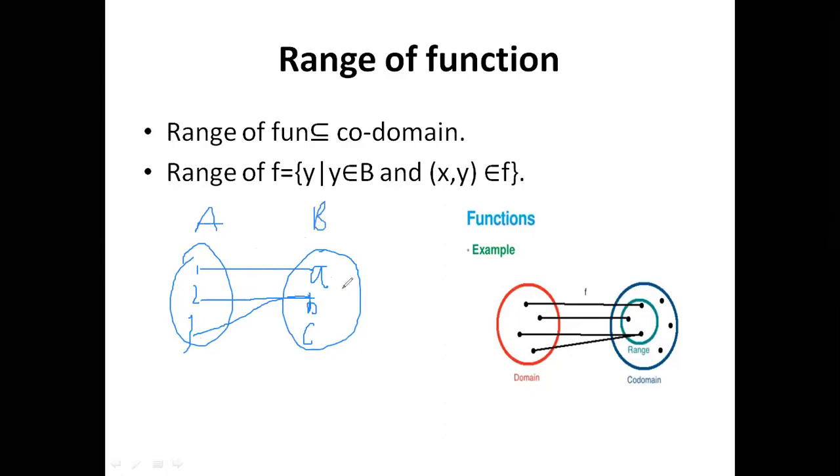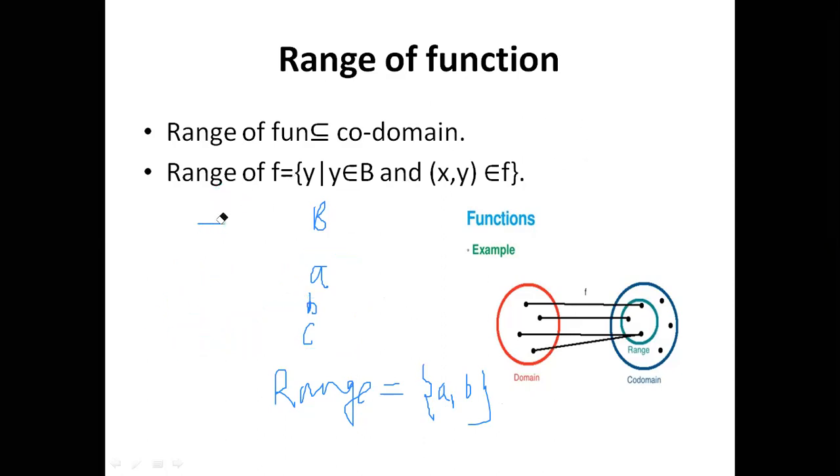So now range: these are the values of domain and these are the values of codomain. What will the range be? The values we have covered in the relationship will be our range. So if we talk about the range of this function, what will come in the range? a, b, right? And what will come in the codomain? Codomain a, b, c. So we can say range is the subset of codomain. If we talk about the codomain, it is the entire set, and this whole set is the domain, right?